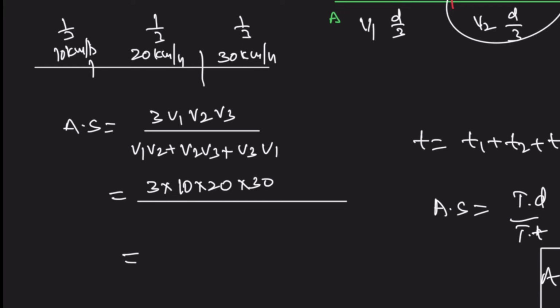So the total here is 1100. The zeros cancel. 3 tens are 30, 3 twos are 60, 6 threes are 180. So the answer is 180 by 11 km per hour.